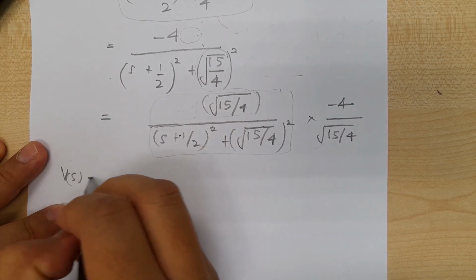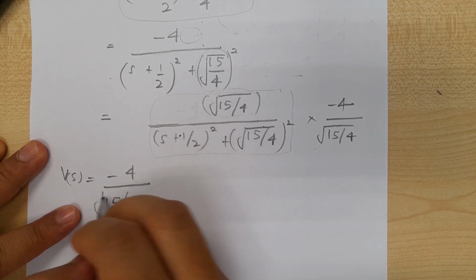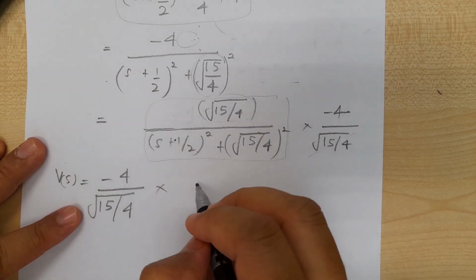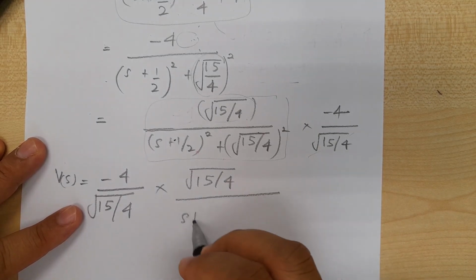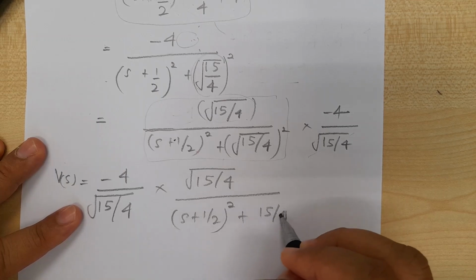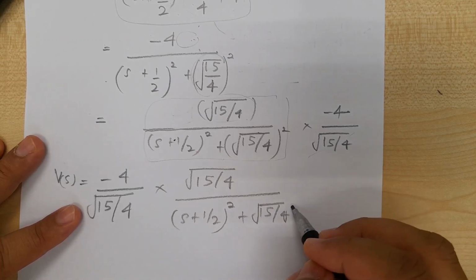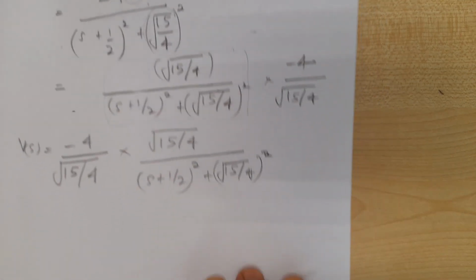So V(s) is now minus 4 over the square root of 15 over 4, times the square root of 15 over 4 over (s plus 1 over 2) squared plus the square root of 15 over 4 squared.